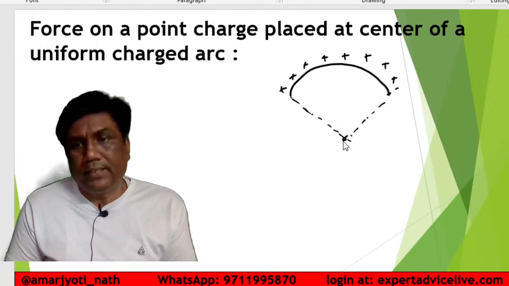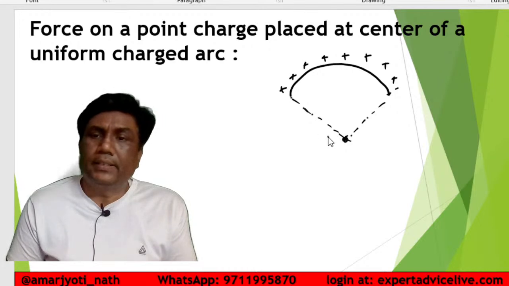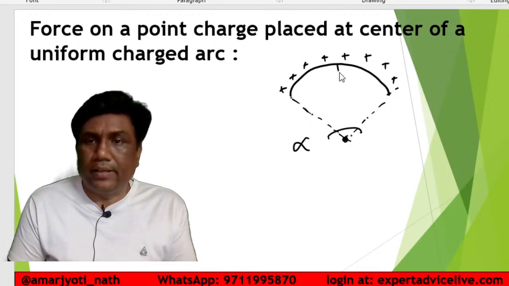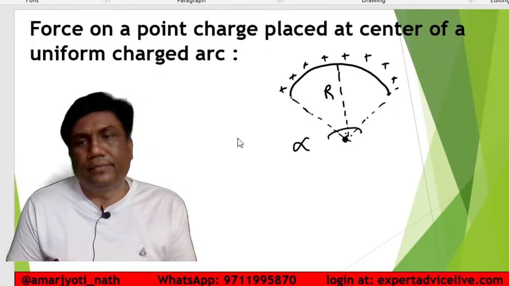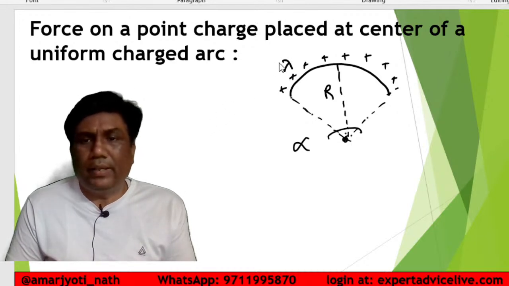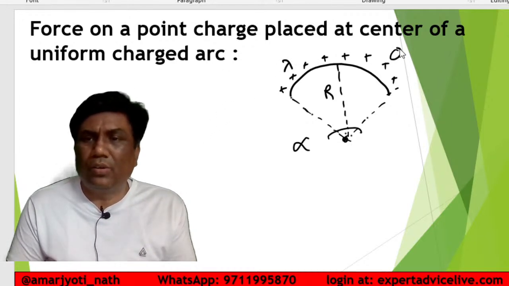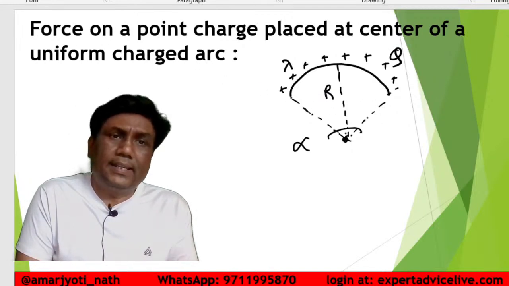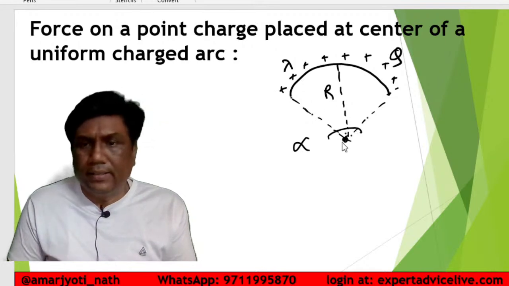Say this is the center of the arc, the arc angle is alpha, and the arc radius is r. Say the charge density is lambda. You can express it in terms of lambda or in terms of charge; I am going to give both answers. And at the center we have a point charge q naught.